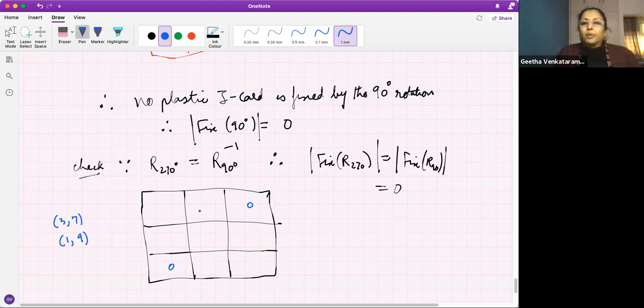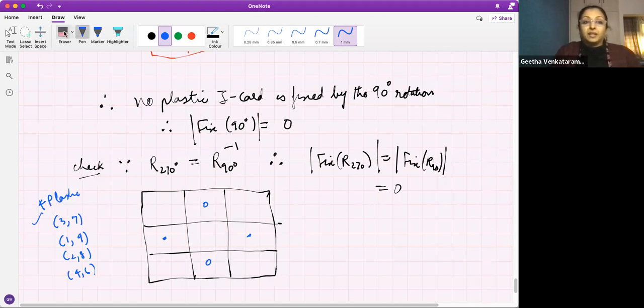If you put something in 2 and 8 and do a 180-degree rotation, it will come back. I mean, it will be fixed. And the other positions are 4 and 6. Okay, so these 4 plastic cards are definitely fixed.